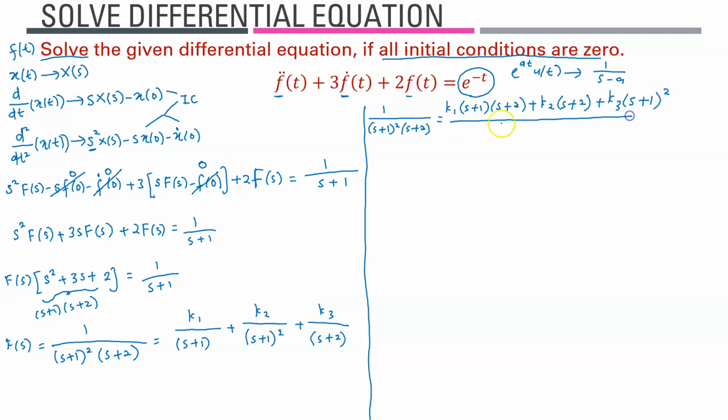So you have the denominator equal to the left hand side of the equation. Now you can write the numerator only, and expand this and multiply with k1, k2 and k3 respectively. You will have this equation.